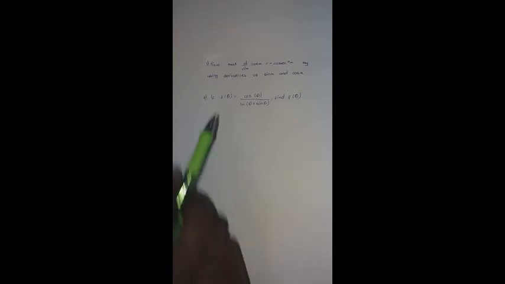Okay, so another common question in this theme would be, we're going to use derivatives of sine and cos to prove another derivative. So in this case, it says prove that the derivative of cot x is equal to negative cosec squared x by using the derivatives of sine x and cos x.